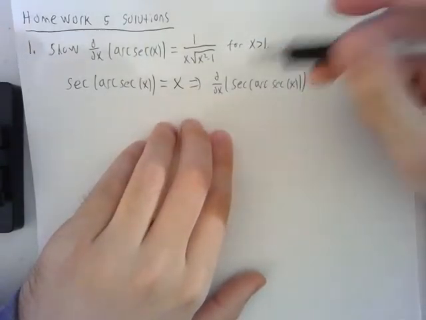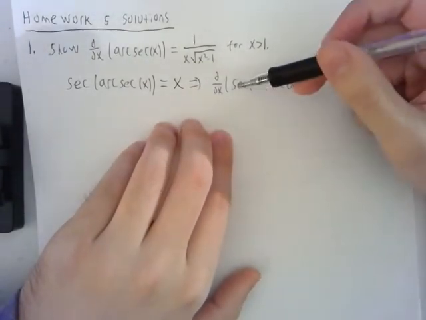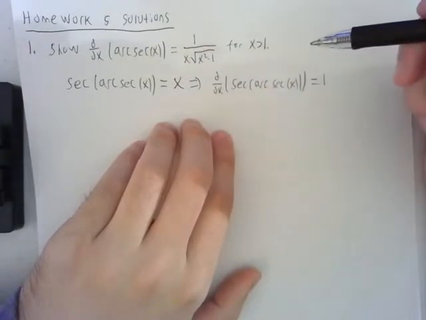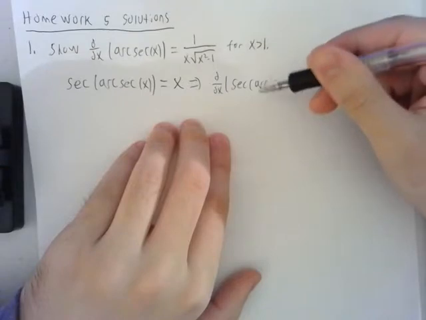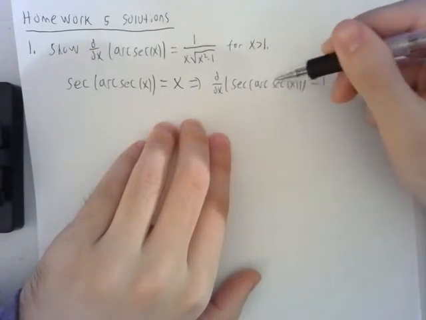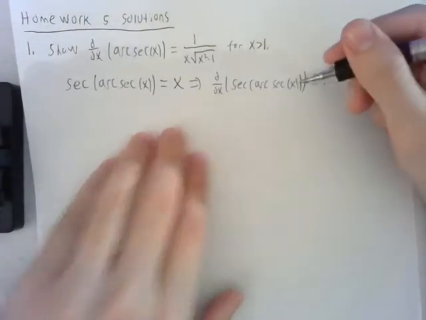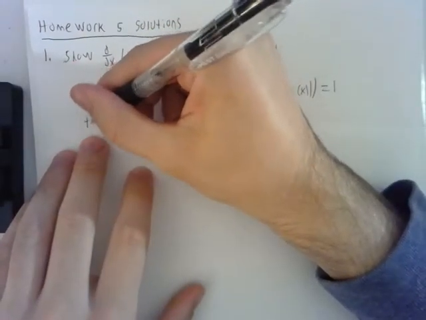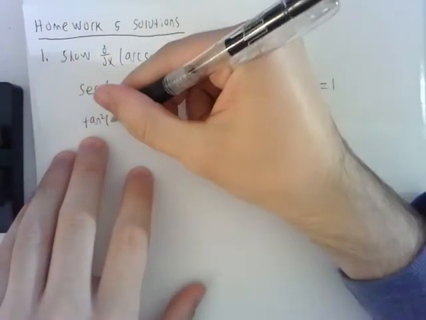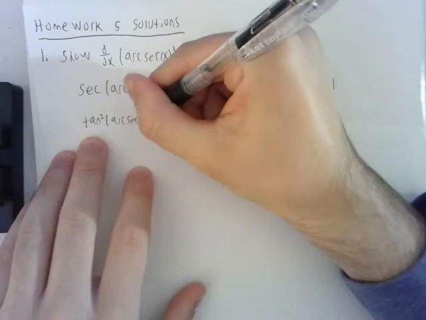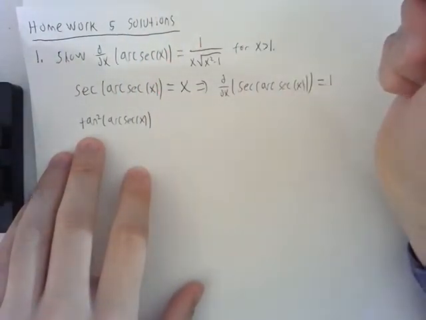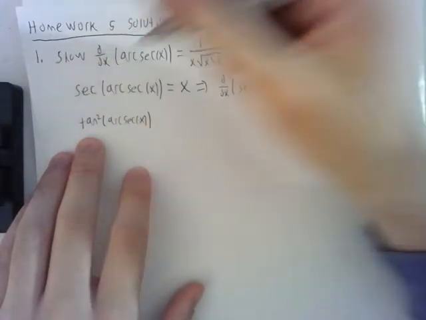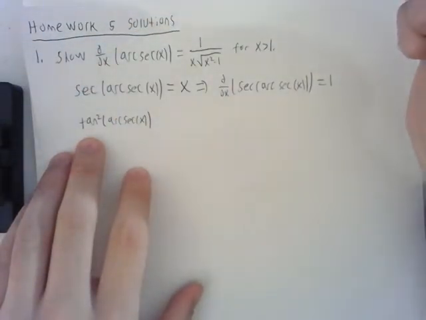What's the derivative of secant of arcsecant of x? Well, we know the derivative of secant is tangent squared, but then by the chain rule we also have to multiply by the derivative of the function which is on the inside, but that's exactly the derivative we want to find. Sorry, I've made a mistake. The derivative of secant is not tangent squared.